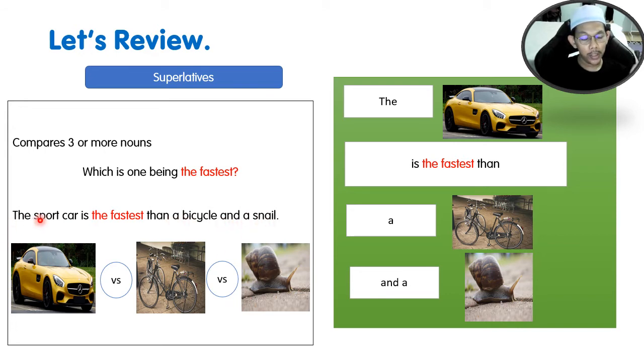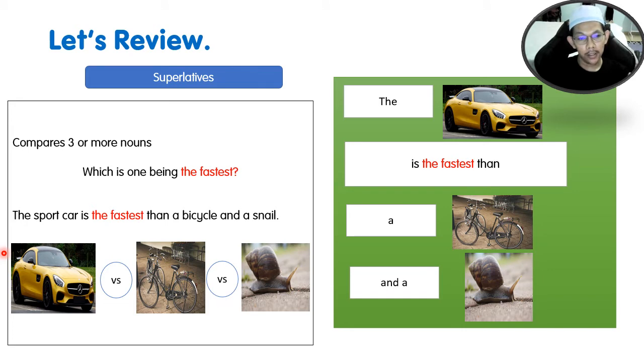So what do you need to put after fast? est, and then the word the. This points out that the yellow sports car is the fastest, paling laju. Just now laju, lebih laju.